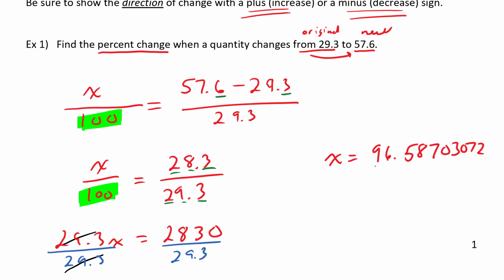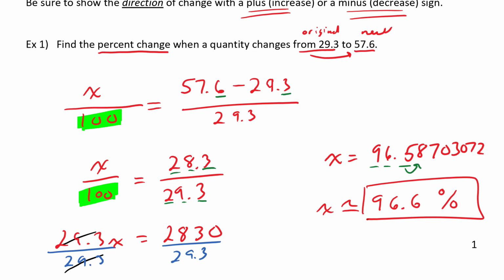As a result, we'll round this final answer off to 3 significant digits. Final answer. Notice it is a positive percent change, meaning the value has gone up by 96.6%. Look at the question. It goes from 29.3 to 57.6, so it is clearly increasing.